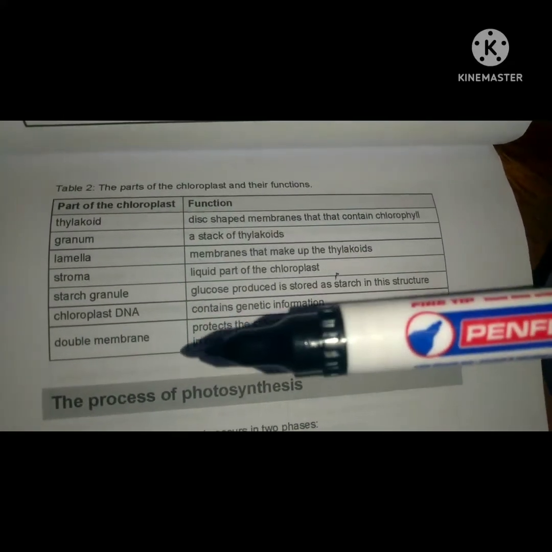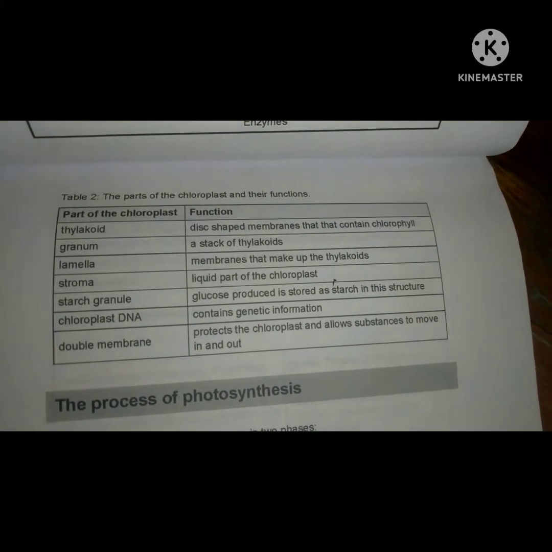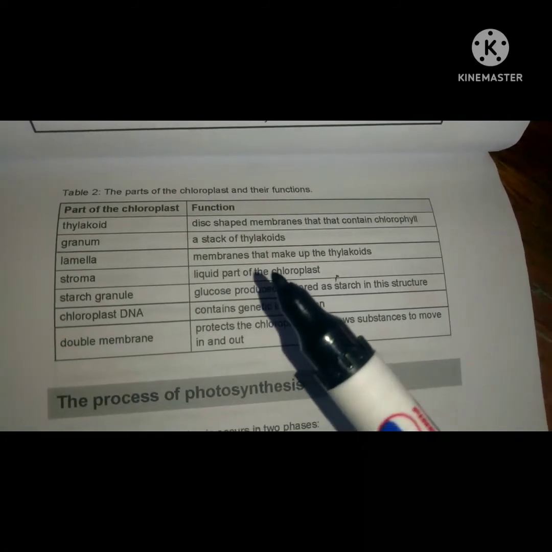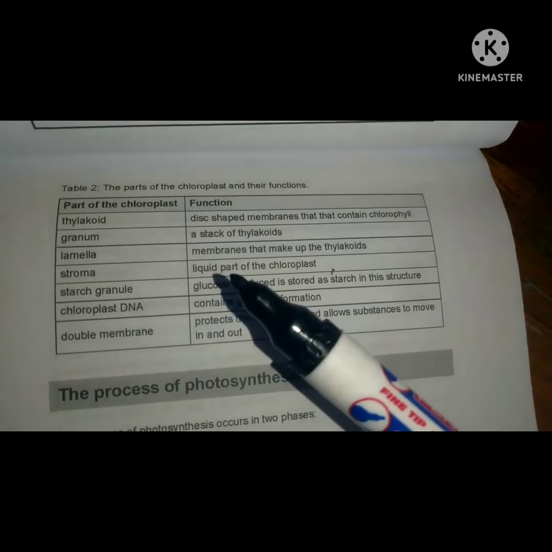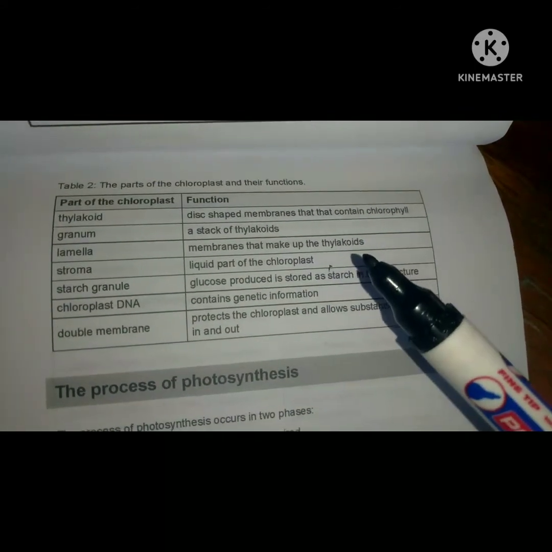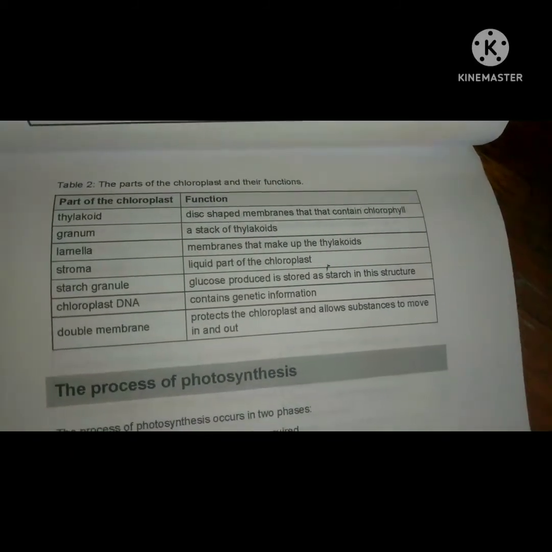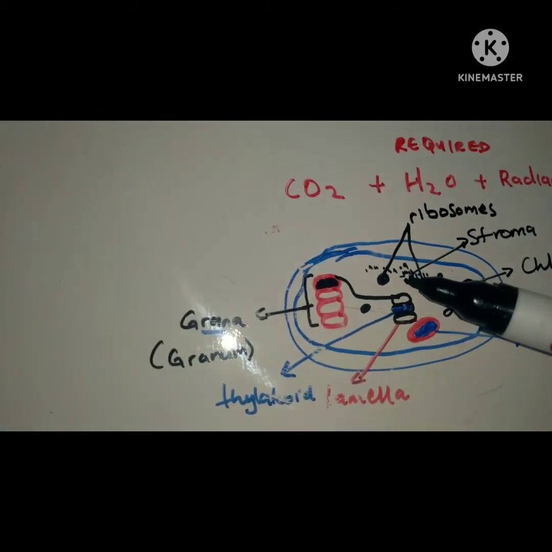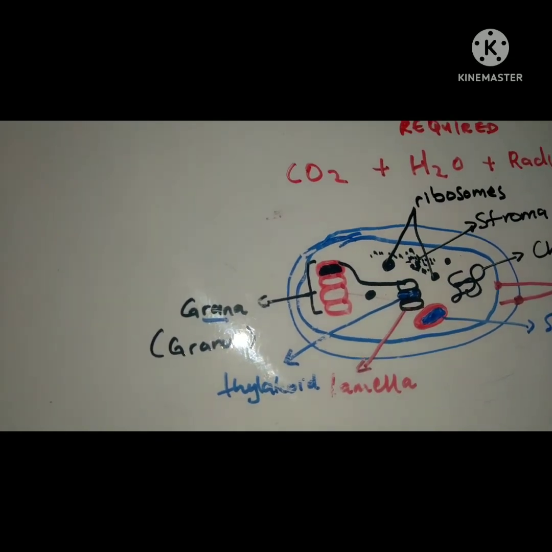So a lamella is the membranes that make up the thylakoids. So the lamella is the membrane, the outer covering of the thylakoids. And then the stroma is the liquid part of the chloroplast. Remember the space which I marked and said is the stroma is in liquid state.